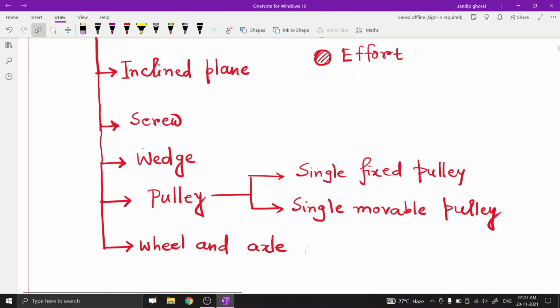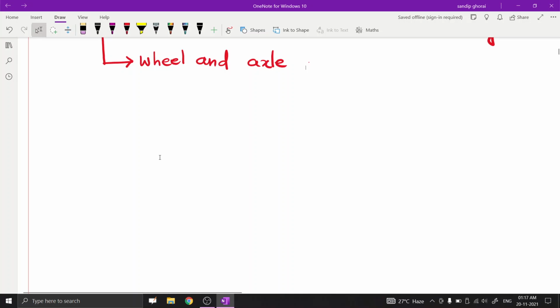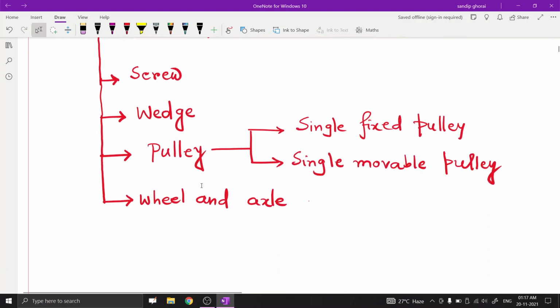So generally these are the definitions of the 6 types of simple machines. Also remember that in a wheel and axle arrangement, a wheel is attached to a rod called the axle, such that when the wheel is made to rotate, the axle also rotates. In this way we can define the 6 types of simple machines.